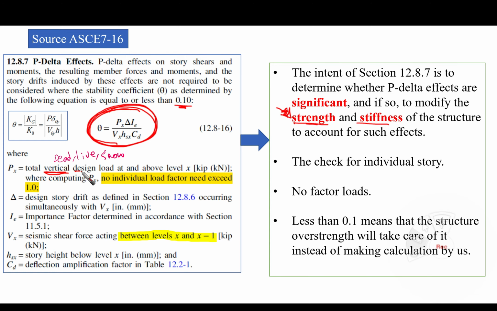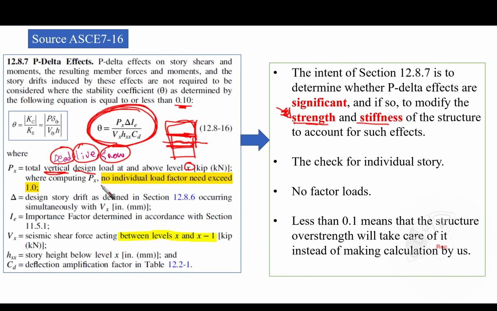And design loads, okay, we said vertical means gravity loads, like dead load, live load, and snow load, at and above level X. If we're talking about multi-levels, for example here, the gravity load at this level, which is at this story and whatever is above it, okay?